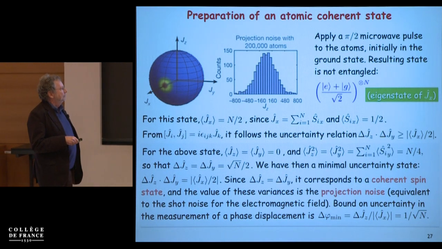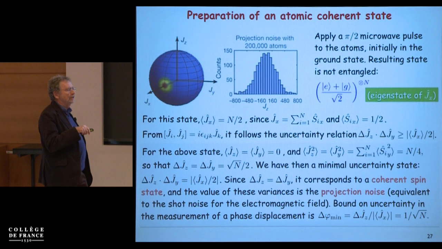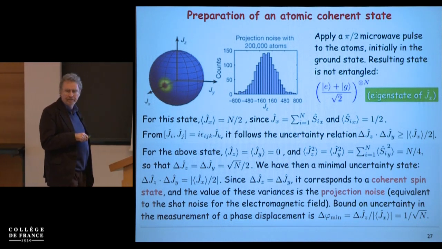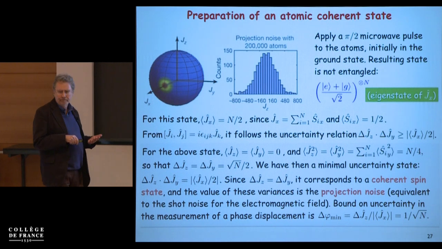Now, the bound on the uncertainty in the phase displacement, you can see this geometrically here, is basically given by the standard deviation of Jz divided by the length of this vector, which is the average of Jx. And from these results, you see that that's equal to 1/square root of n. Okay? So with this kind of state, we get this standard deviation.